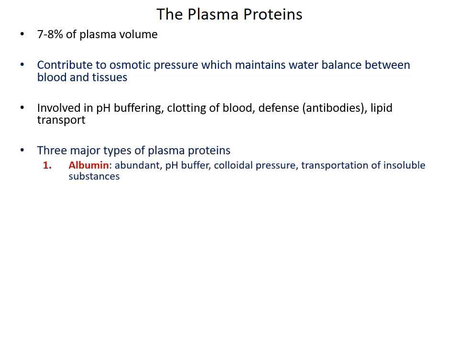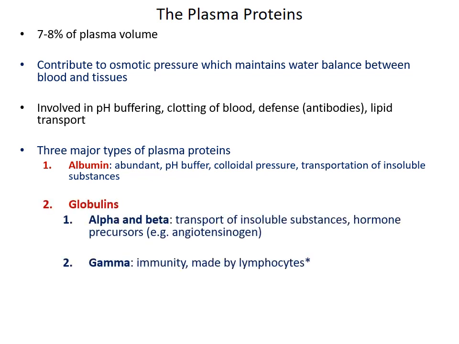The three major types of plasma proteins: albumin, which is abundant and also has a role in the pH buffering system, is involved in the colloidal osmotic pressure, and is helpful in transportation of insoluble substances.